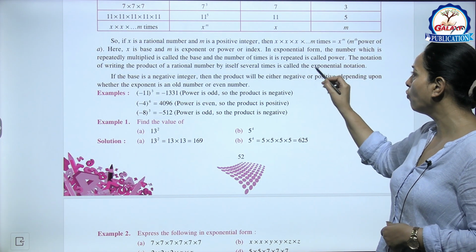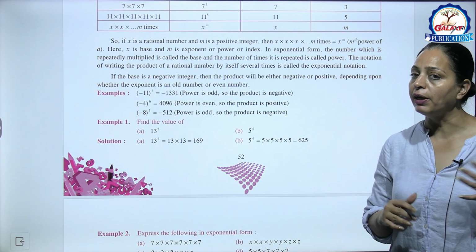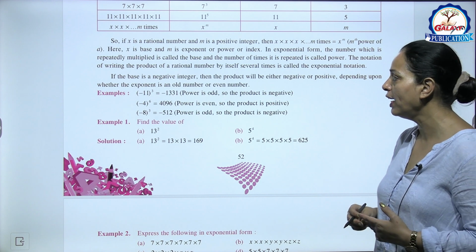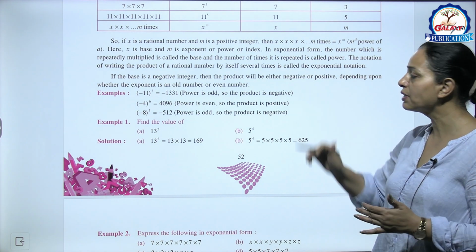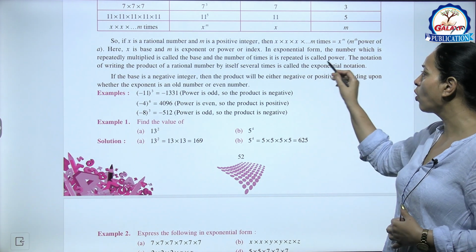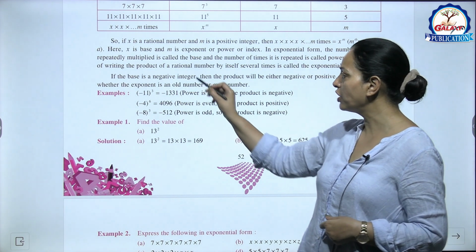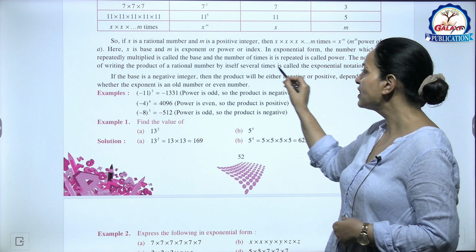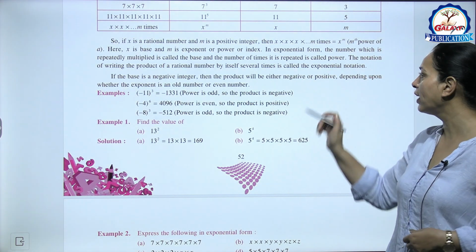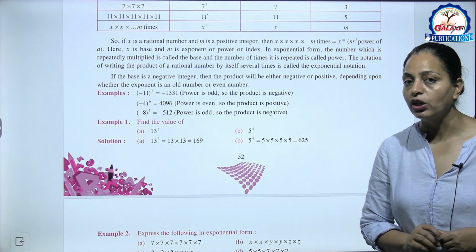In exponential form, the number which is repeatedly multiplied is called the base and the number of times it is repeated is called the power. The notation of writing the product of a rational number by itself several times is called the exponential notation.